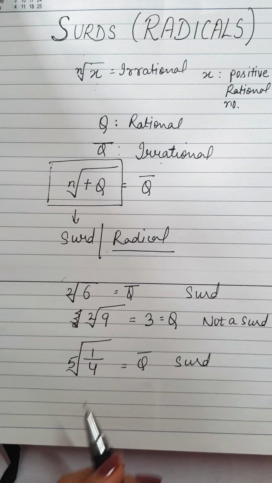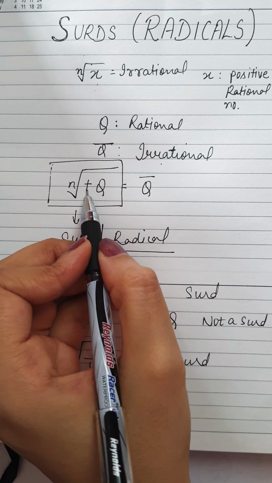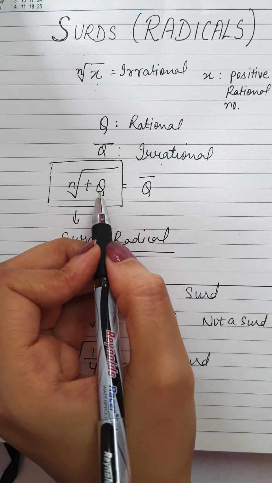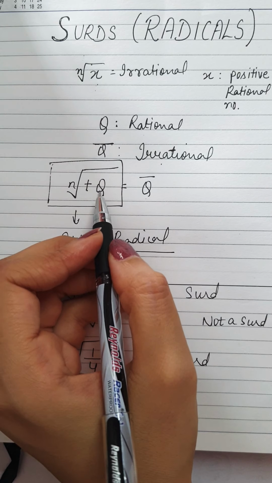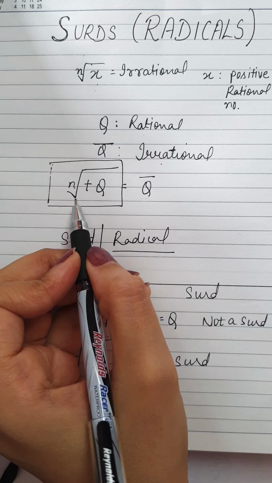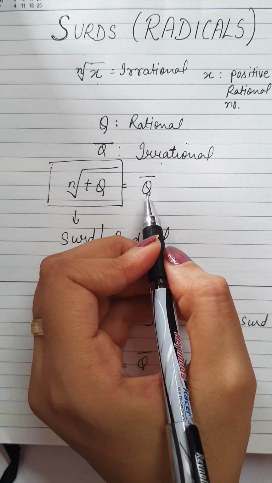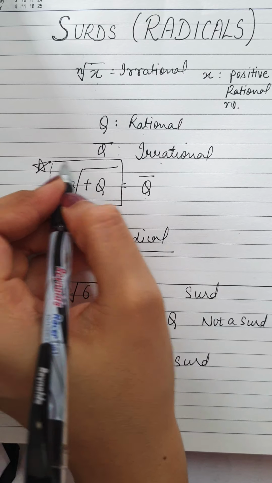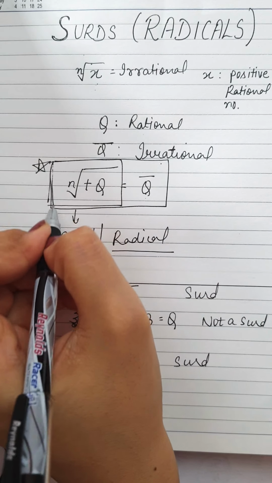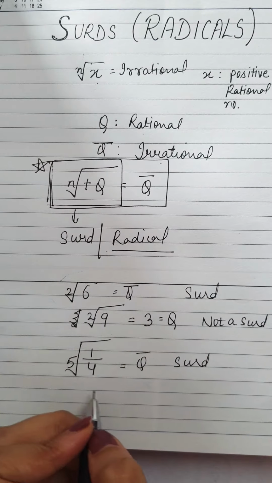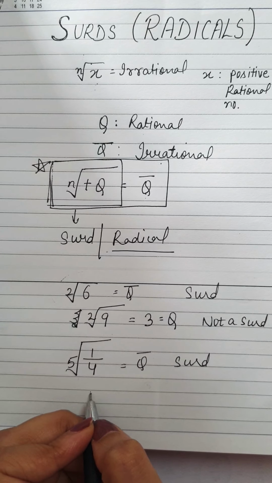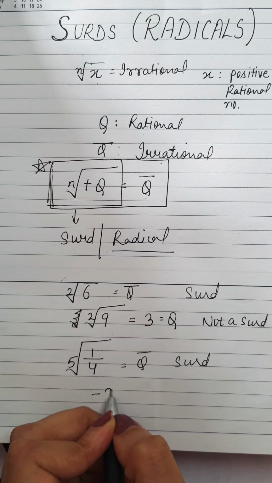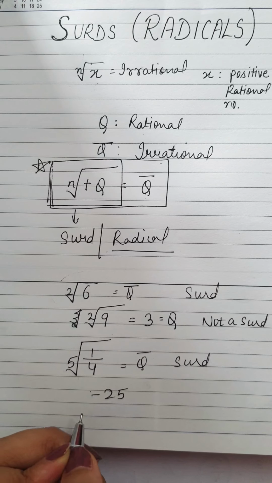So the first condition, it has to be positive. Second condition, a rational number inside the root. Third condition, after applying the root, the answer should be irrational. So ultimately you need to remember this whole condition. Alright, now for an example, let's take -25.